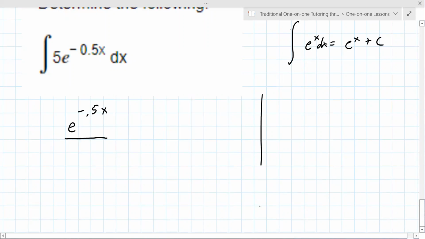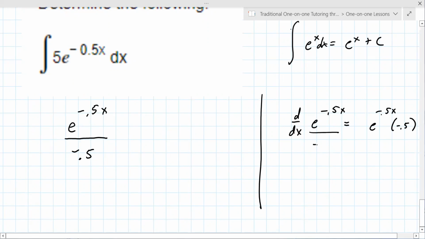Like if you came over here to the right and asked what's d/dx of e to the minus 0.5x, it's e to the minus 0.5x times negative 0.5. So to undo that, you have to divide by it right here on the bottom, because then they cancel out. So the idea is, if you put a minus 0.5 here, you get a minus 0.5 here, and then they cancel. And that's how you get back to the original.